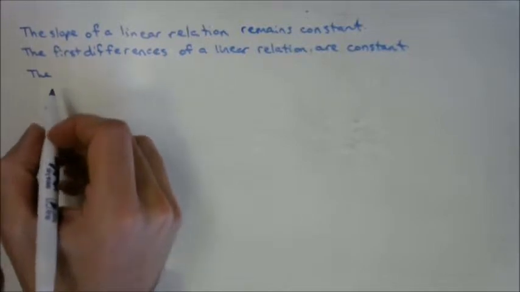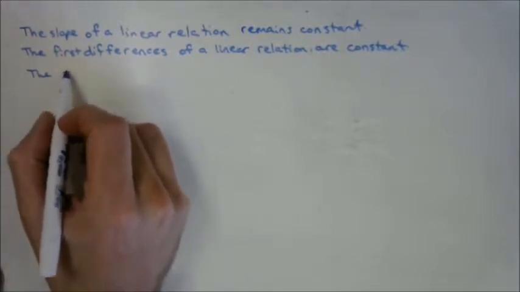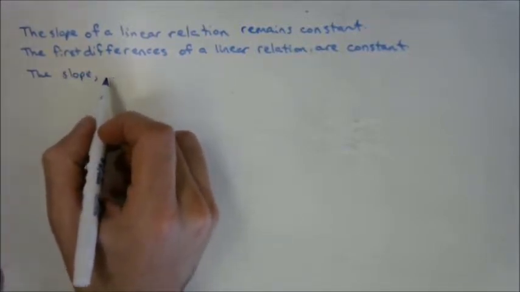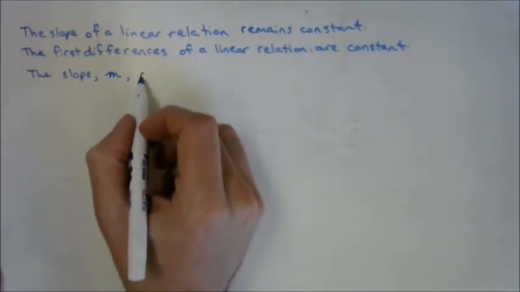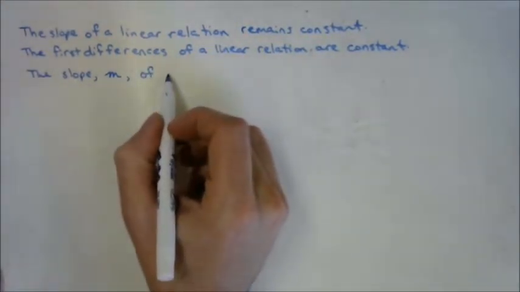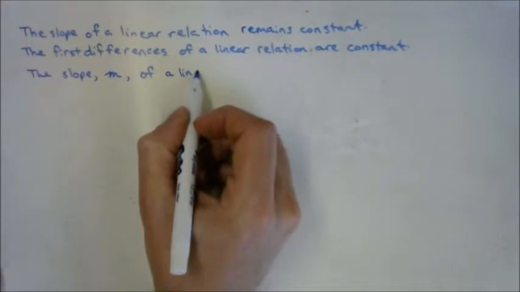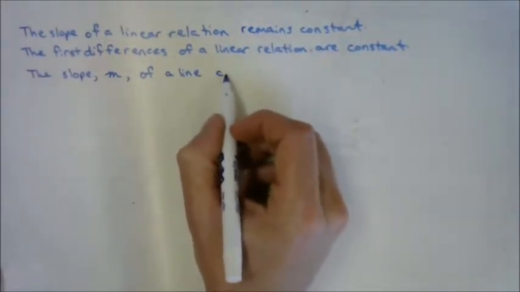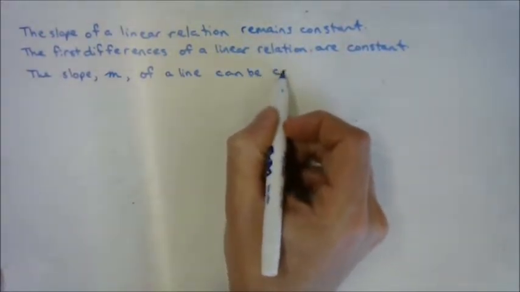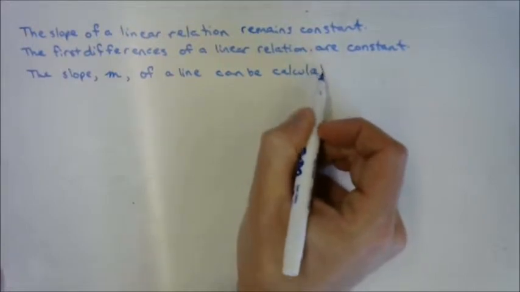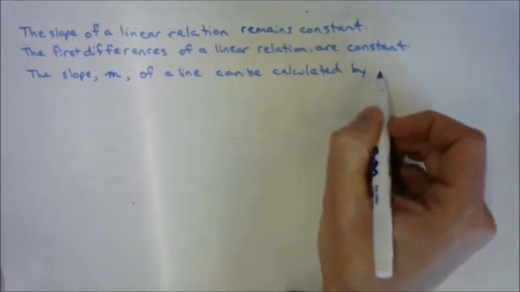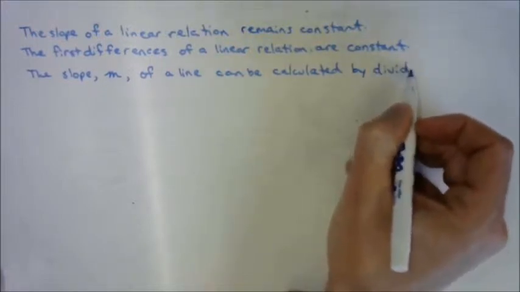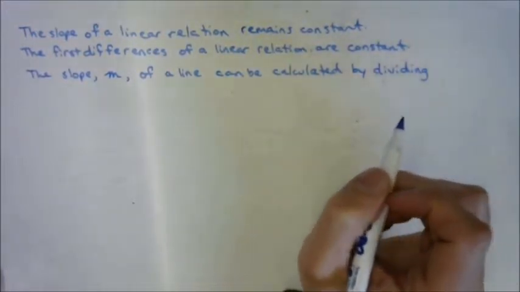More notes about the slope. The slope is represented by what letter? M, always. The slope m of a line can be calculated by dividing, so we're looking at a fraction.